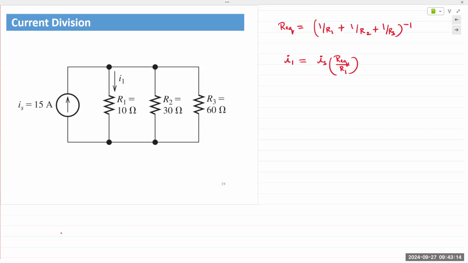Make sense? Hopefully you all remember this. There is another way of applying current division, but that's a little longer, and frankly, I don't prefer that. This is the easiest. Any questions?